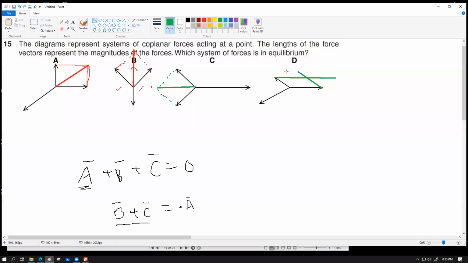The reason I have drawn this one parallel to this one, and this part parallel to this part, is that I want to find the resultant of these two forces and compare it with the third force, to check whether the resultant of the first two and the third one are opposite and equal to each other. So we're going to check that out.